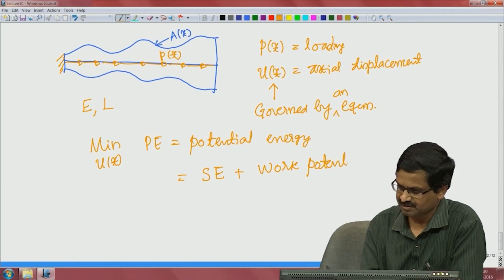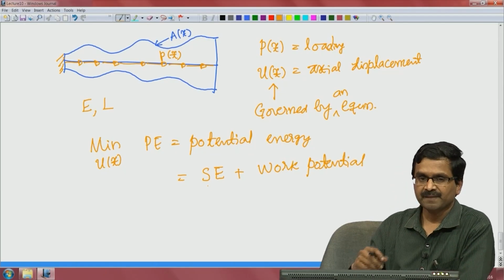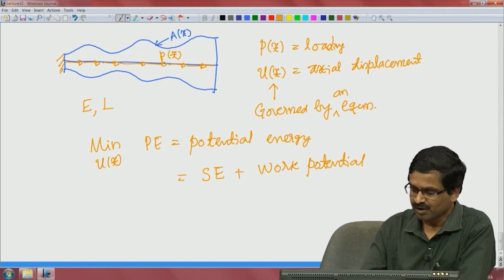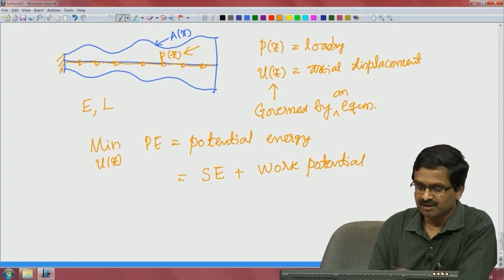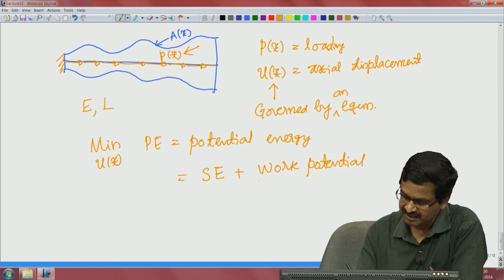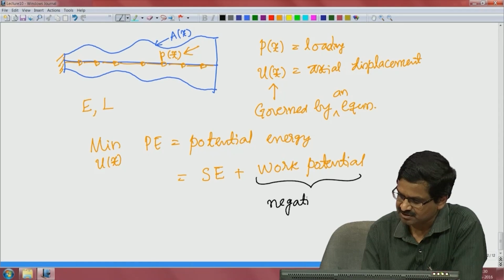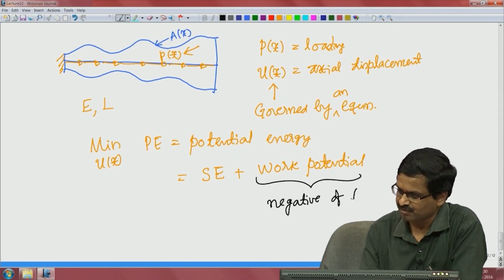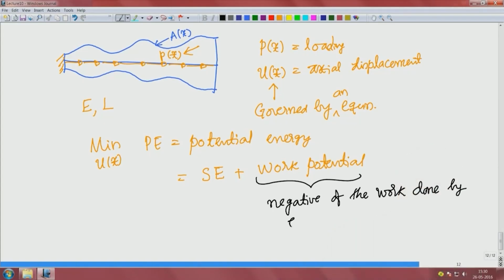Okay. This is something that we must note. The potential energy: strain energy is due to the energy stored in the bar, and work potential is due to the applied force. We have this p of x that is going to do some work that will contribute to potential energy, and that part is defined as the negative of the work done by only the external forces.